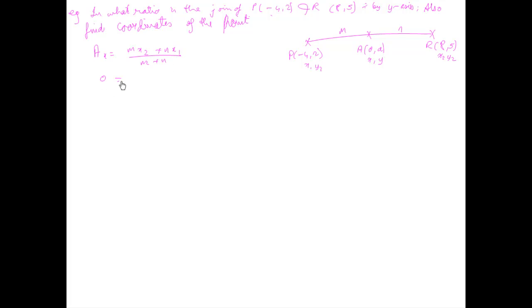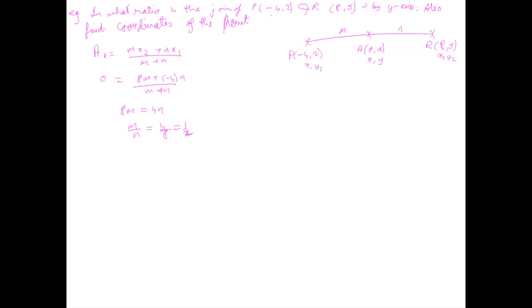The abscissa is 0. That's m into 8, so that's 8m plus -4 times n upon m plus n. M plus n cross multiplies, so we get 8m is equal to 4n, or m upon n is equal to 4 by 8, that's half.